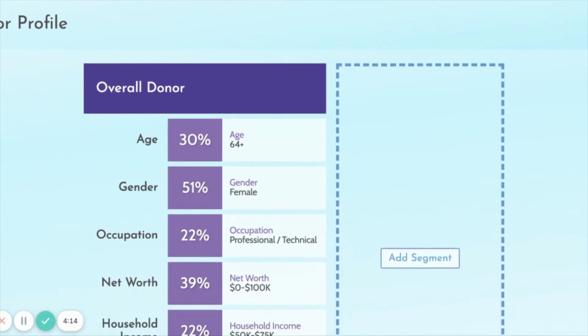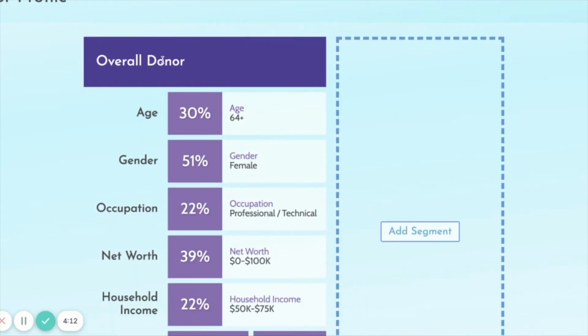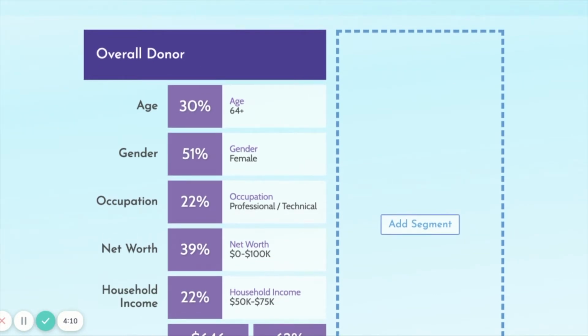So first off, you'll see an overall donor here. This is a snapshot view of what your overall general donor looks like, by analyzing your entire file.